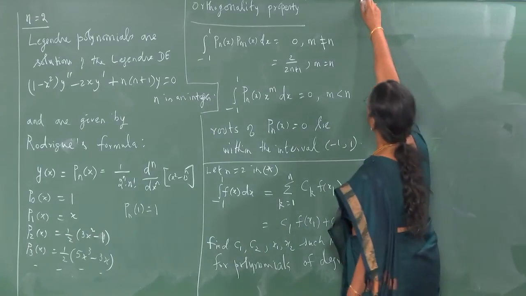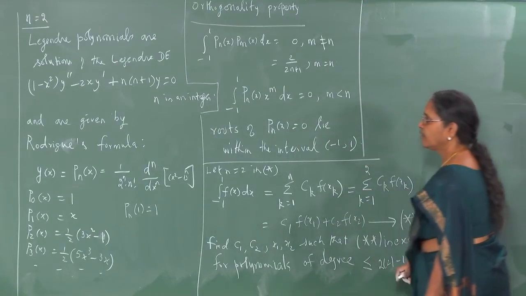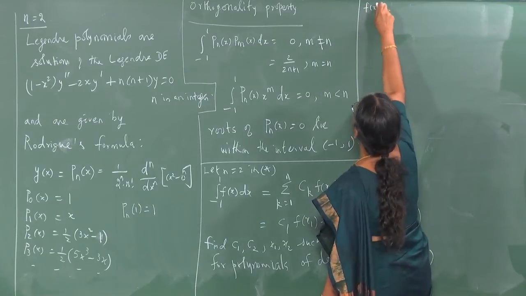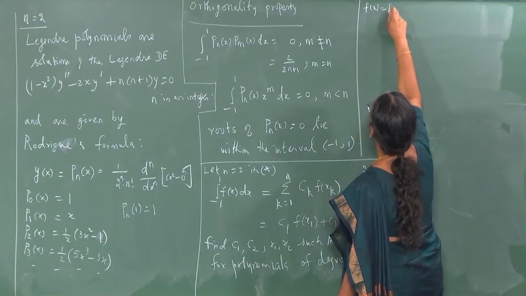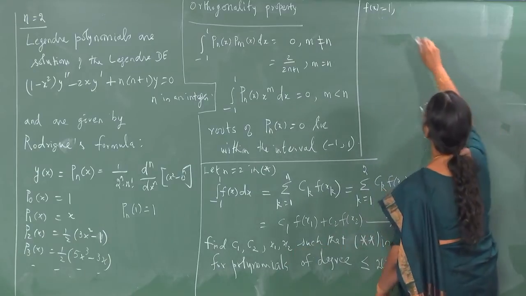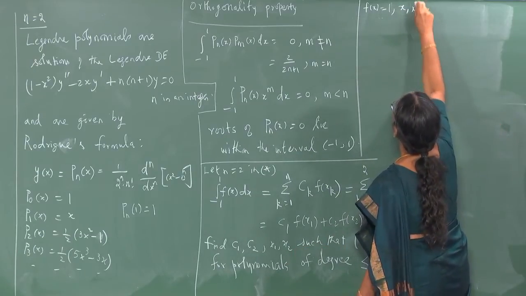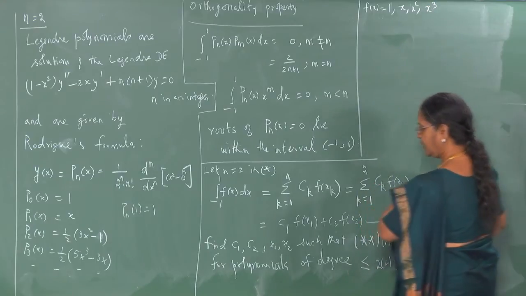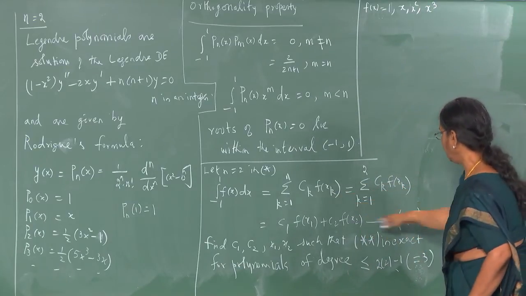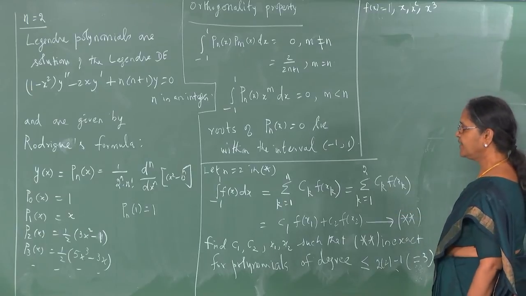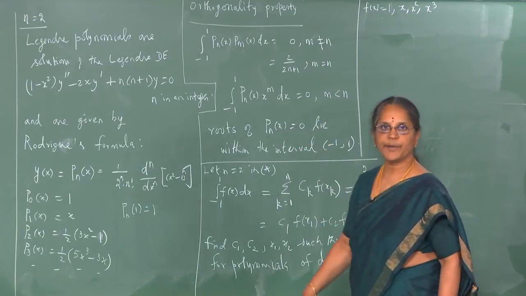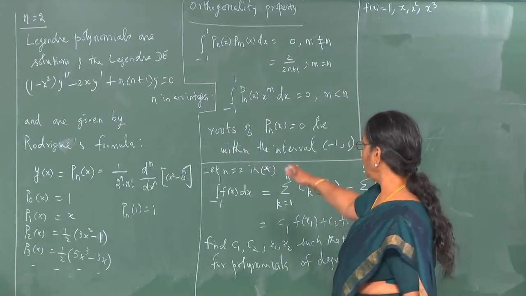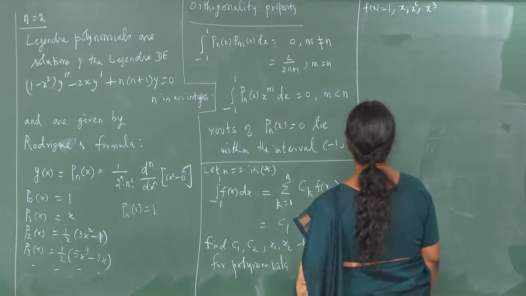So, we know how to work out the details. We take f of x to be equal to 1, x, x square and x cubed, and substitute in double star and then see how you can make use of the properties of the Legendre polynomials and evaluate this integral.